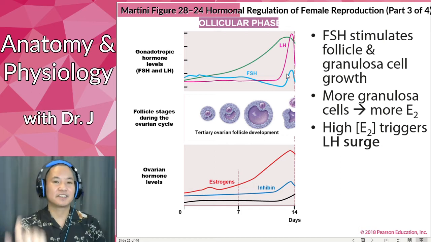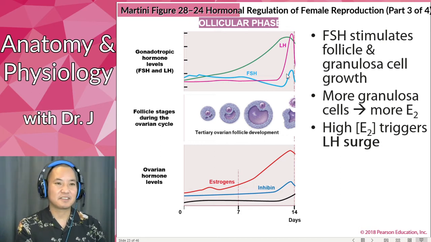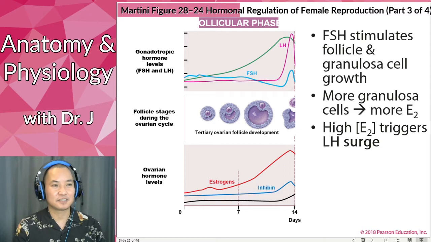Now, this is the very tricky part. Around day 10 to 12, if you really like molecular biology, you can look up what happens. The interesting thing is that the estrogen just before ovulation is always doing something in the background to the hypothalamus and the pituitary gland.